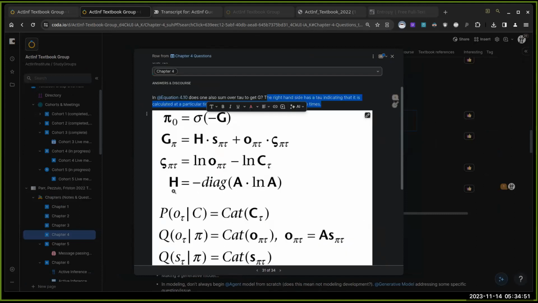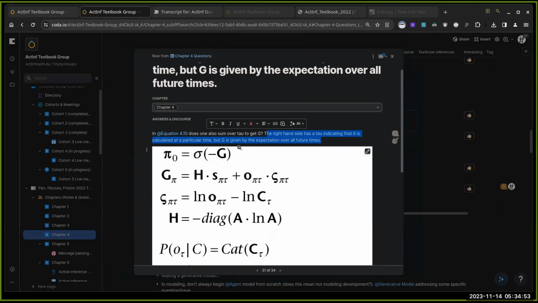So t is usually used to mean simulation time horizon, and tau to mean agent time. So here the G calculated on policies, which could be multiple time steps long, is the entropy of the hidden states on that policy at that time, plus that observation sequence of times, because you're doing a matrix operation.